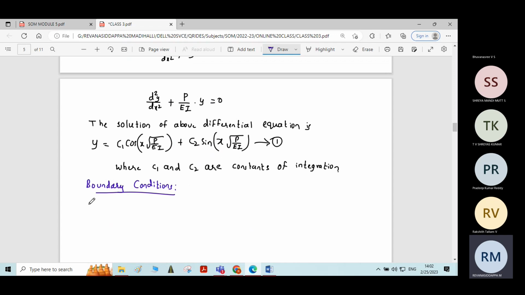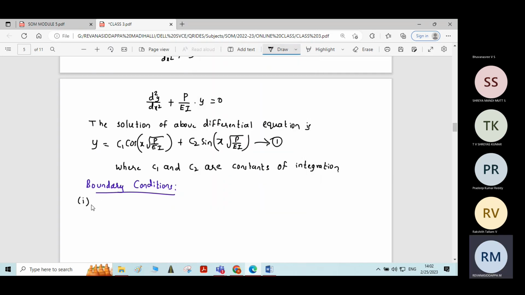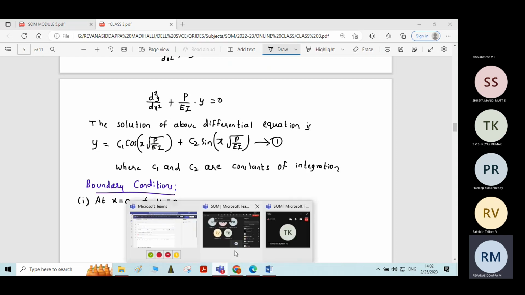Now I'll take the first boundary condition, that is at x equal to 0, the corresponding deflection y equal to 0. So in equation 1, you substitute x equal to 0 and y equal to 0, you will get the value of one of the constants.